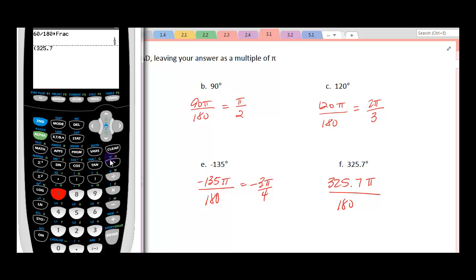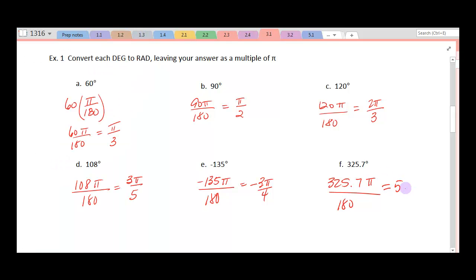Now pi is hanging out over here above this caret symbol, so I would say second house, and that gave me the pi symbol. Close my parentheses and divide by 180. When I hit enter, I get a radian measure of 5.68. So that's 5.68 radians.